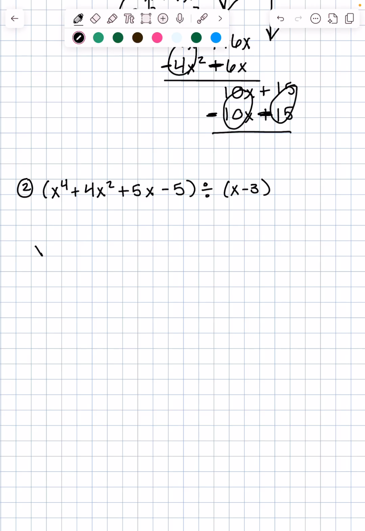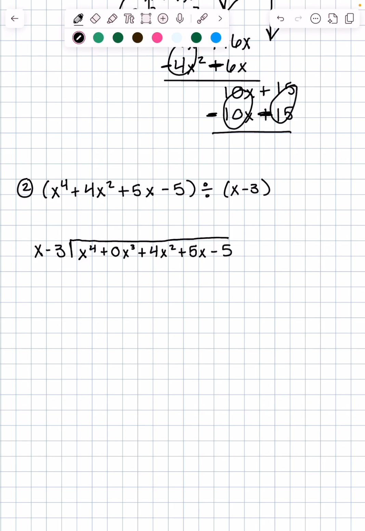So again, I put my x minus 3 on the outside, and then divided by, so this would be x to the 4th. So we don't have an x cubed term here, so remember we have to put a placeholder. So we're going to put plus 0x cubed plus 4x squared plus 5x minus 5, okay?